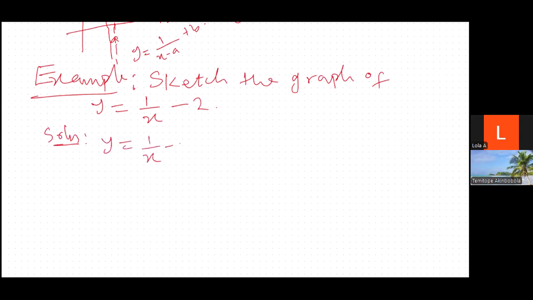I will use this to determine the vertical asymptote. The vertical asymptote is x equals 0. Can you see that? Because this is the rational function that I have here, and that will be undefined when x is 0. Hope that is clear.